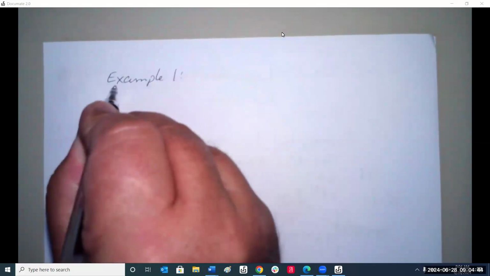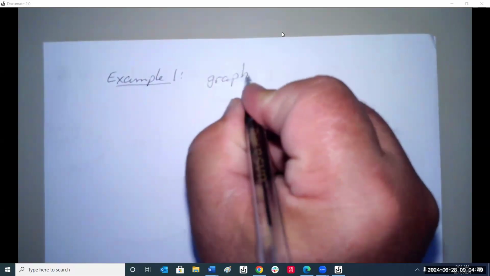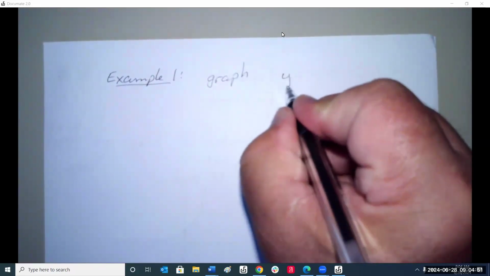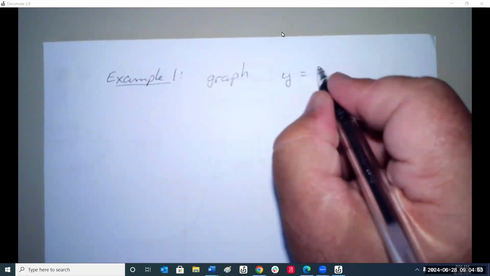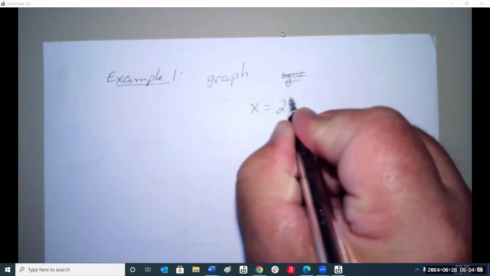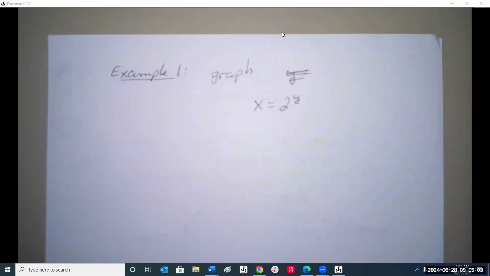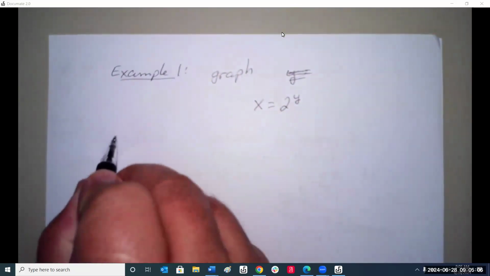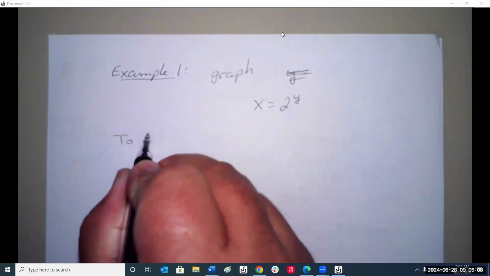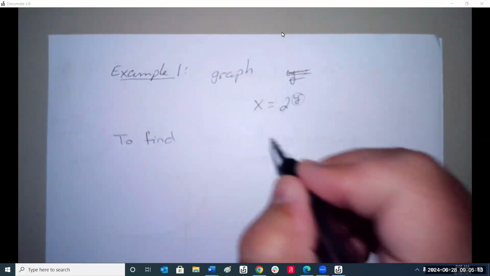Let's look at the first example. Example 1. Graph the function x equals 2 to the y. Because y is an exponent, we have to get it down.